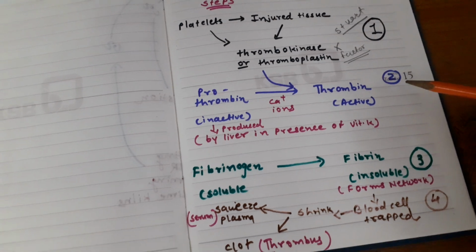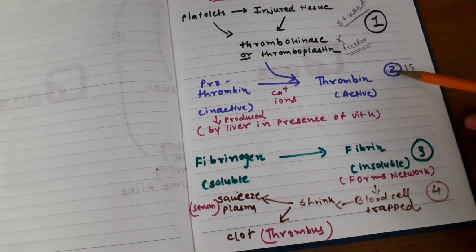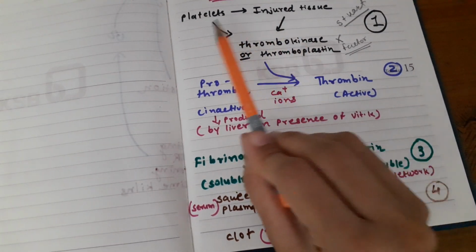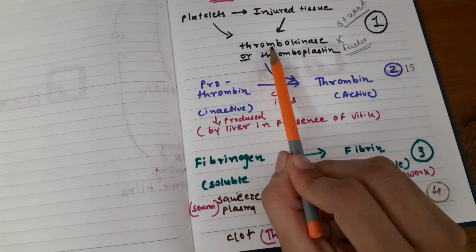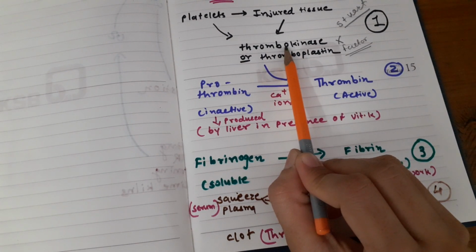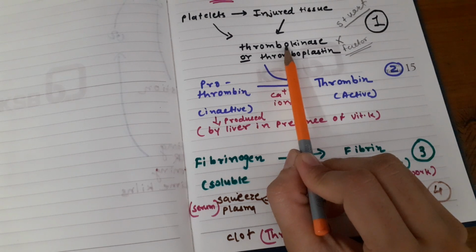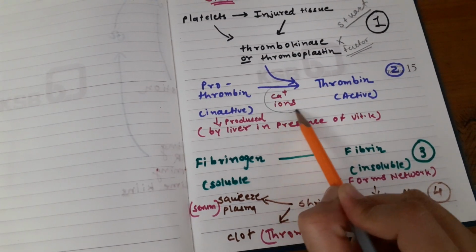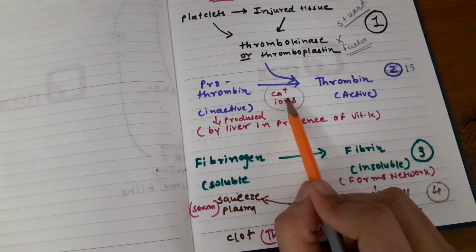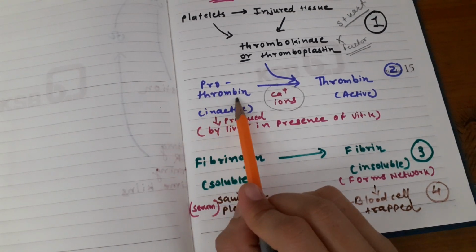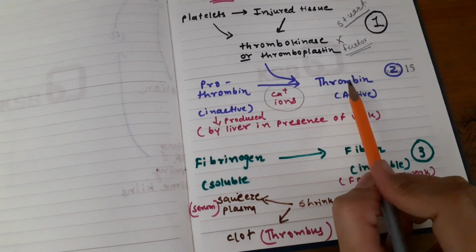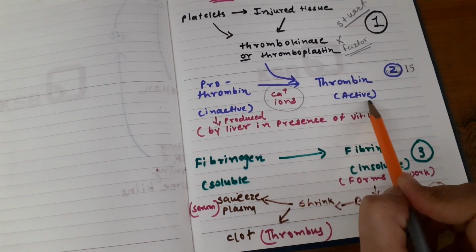Now we'll go for the second step. Now we know what thrombokinase is. It was released from this combined effect and it is a kind of protein. This thrombokinase now acts as an enzyme, and a very important thing, in the presence of calcium ions, it converts the substance called prothrombin, which is inactive in form, into thrombin, which is active in form.